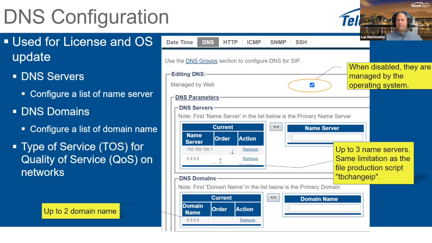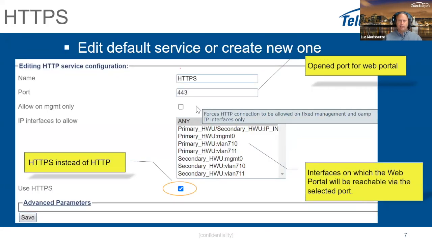The third tab I should show is the HTTP one. So you click on HTTP here, and you can edit the default service or create a new one. The default is HTTP on port 12358. You saw that the initial connection is on 12358, but you can change this.